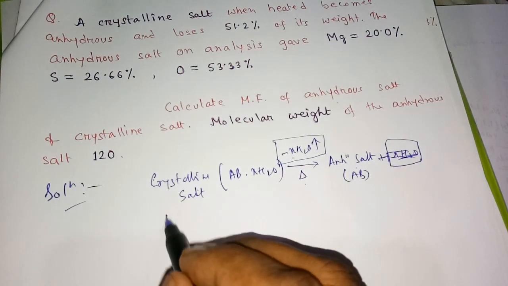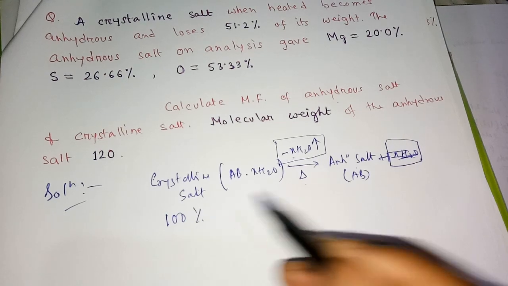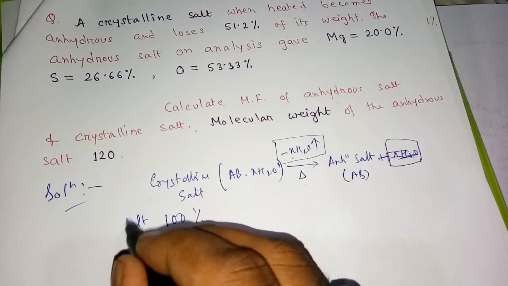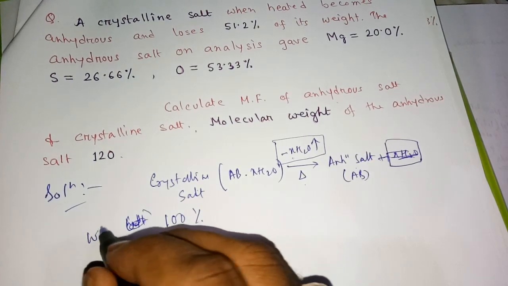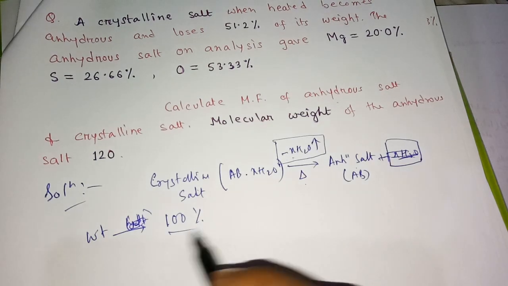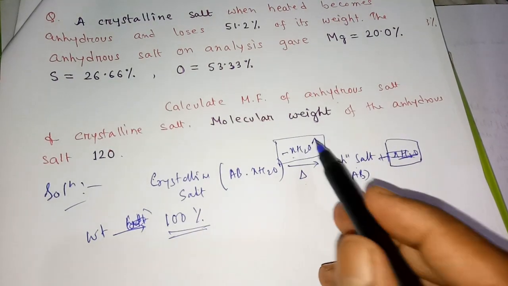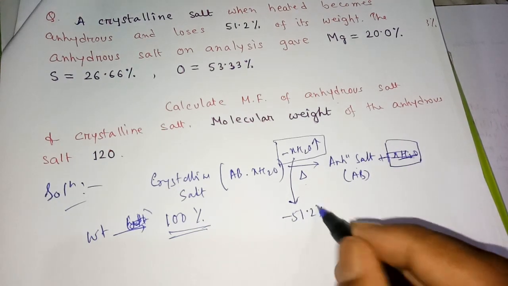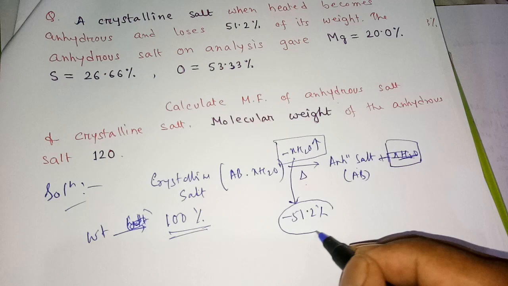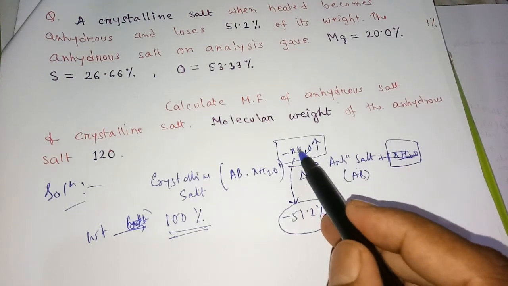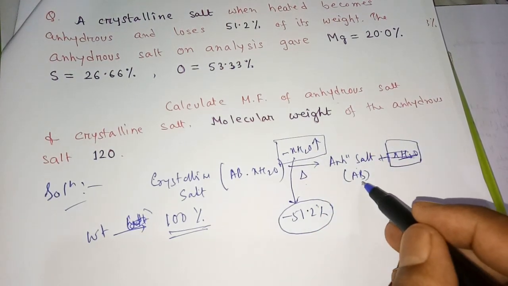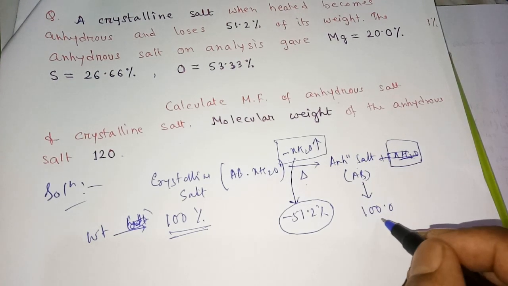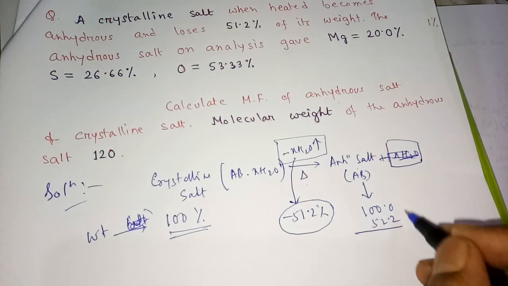If you consider the weight of the crystalline salt as 100%, on heating it loses 51.2%, and this 51.2% weight loss is due to loss of water. Then what is the percentage of anhydrous salt left? This one minus this.